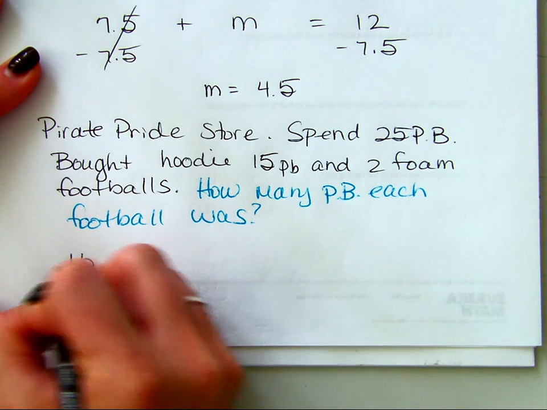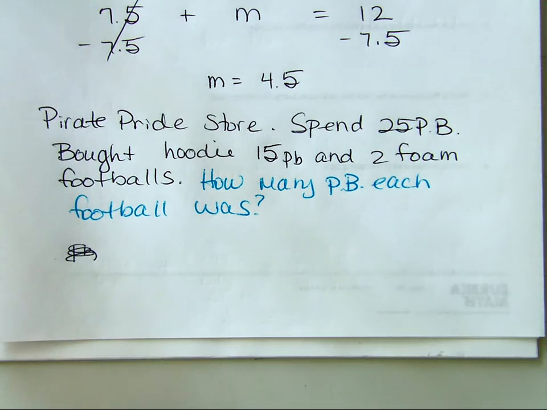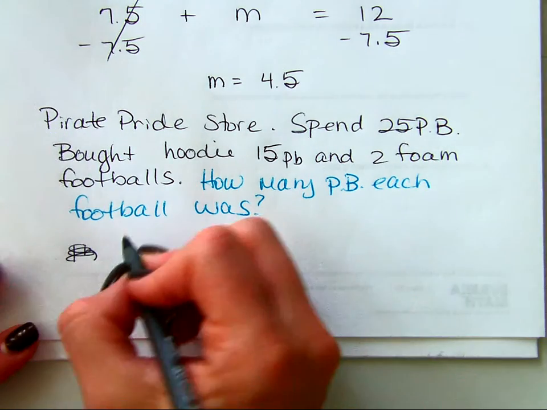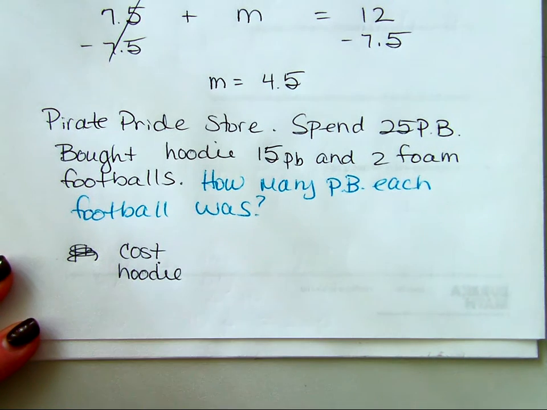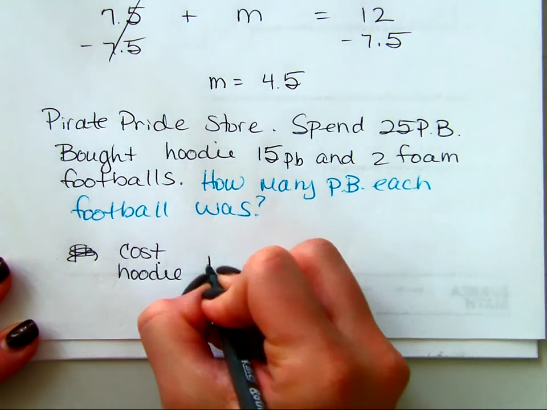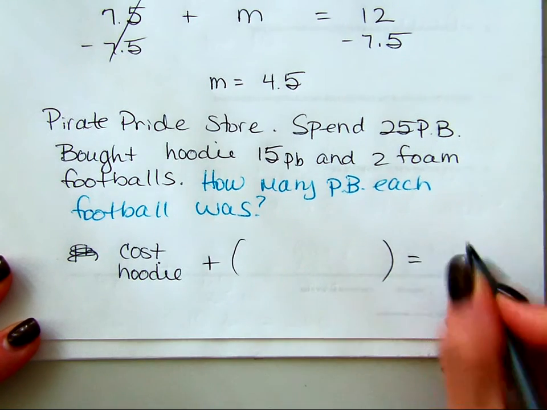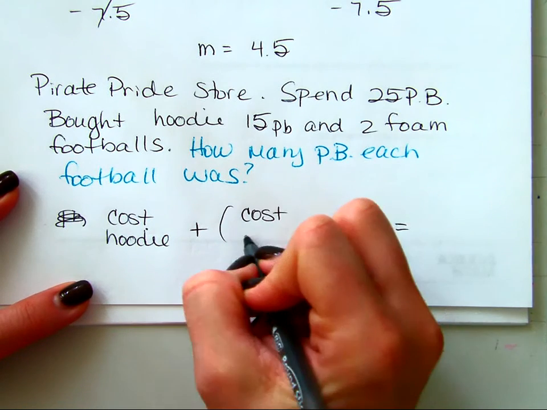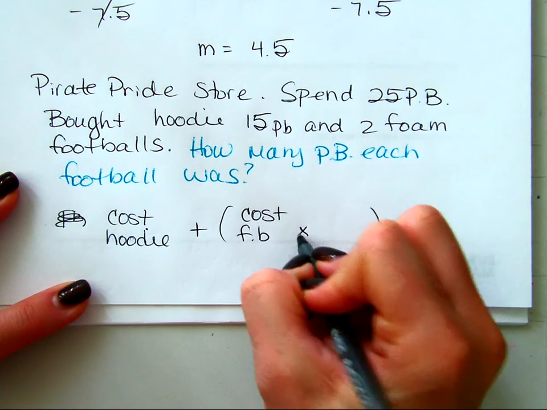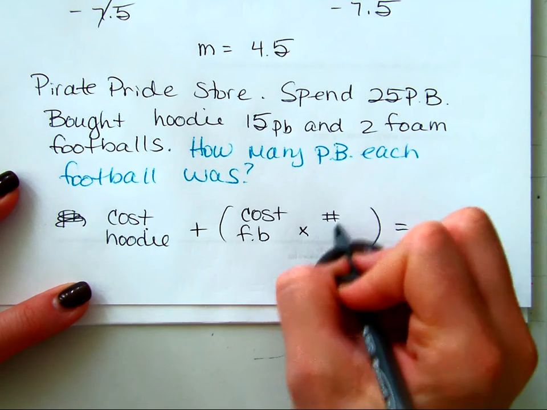Actually, let's do our verbal model first. So you have the cost of the hoodie. And to that, you're going to add what? The cost of the football times the number of footballs that you bought, right?